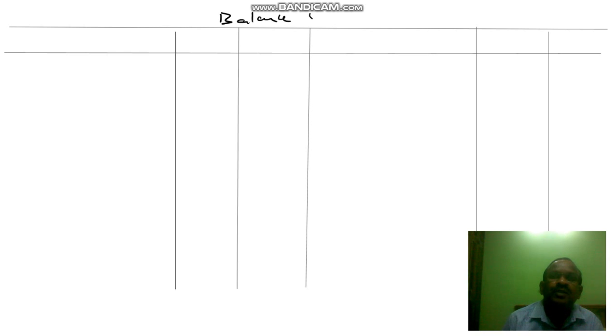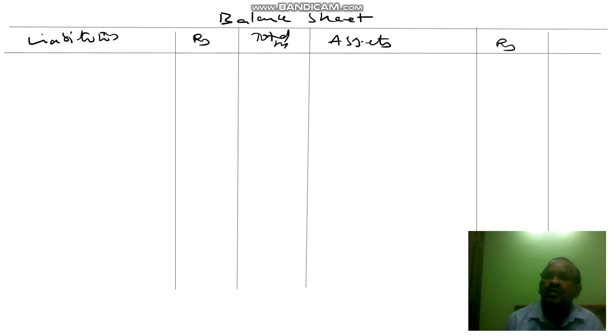Next is the balance sheet with the new partner. Liabilities, rupees, total rupees, assets, rupees, total rupees. So first, the cash is 68,000.